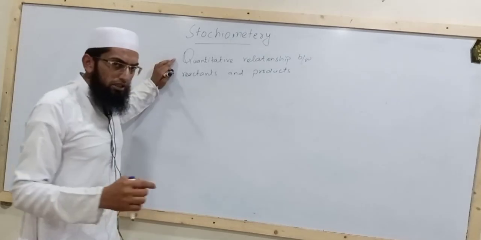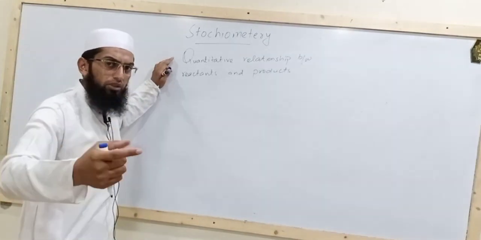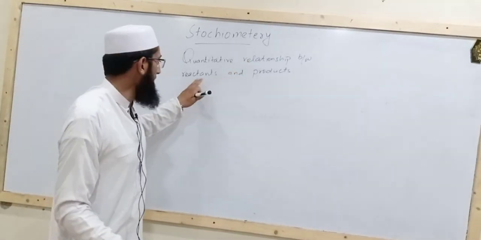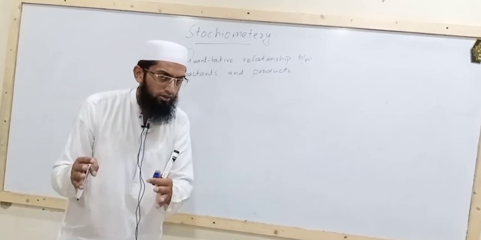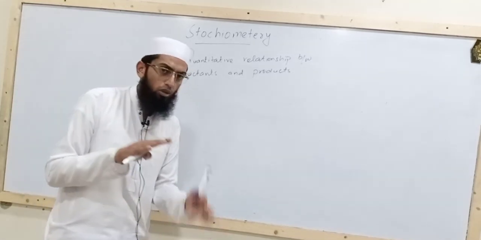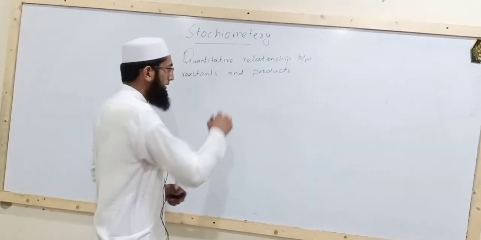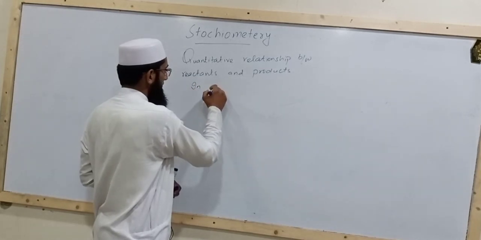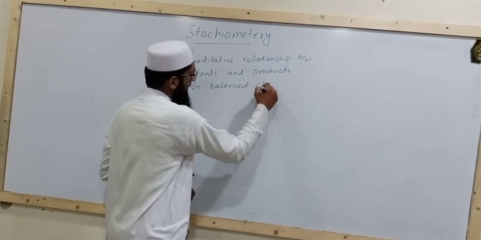Quantitative means which can be quantified, which can be given a quantity, which can be calculated, which can be measured. So this is the type of relationship between the reactants and products. It can be among the reactants, it can be among the products, it can be from reactant to products, mostly from reactant to products. But one more thing is that it has to be in a balanced chemical equation.